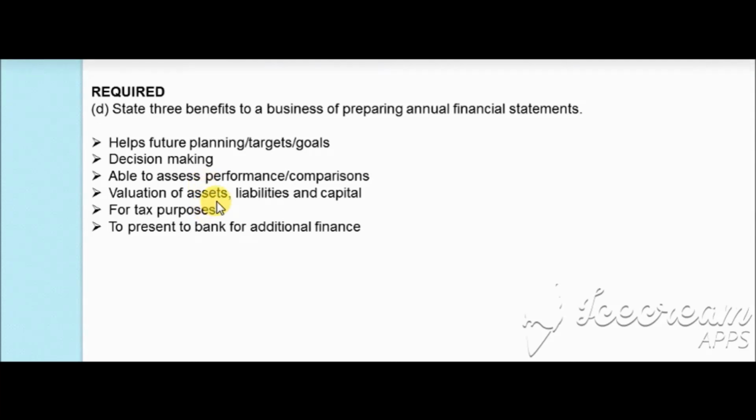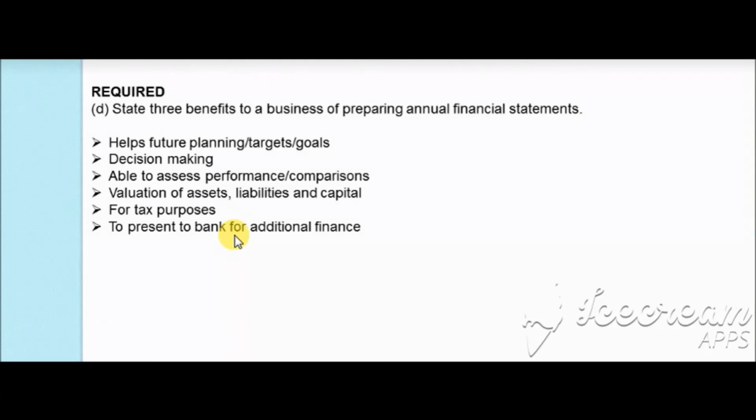And when we make the statement of financial position, we will come to know about the valuation of assets, liabilities and capital. So this is also a means to analyze our position. Furthermore, we use the annual financial statements for tax purposes, because tax is paid on the basis of the annual financial statements, and they are also used to present documents.